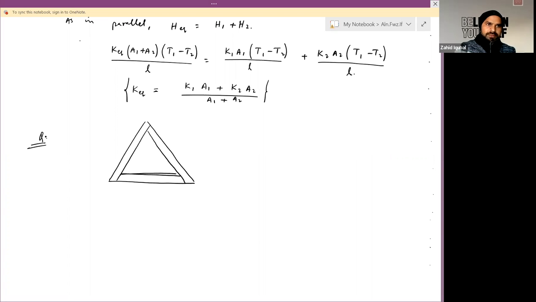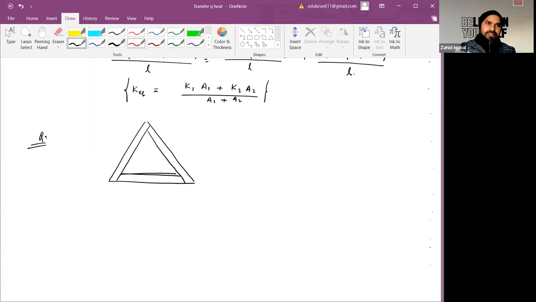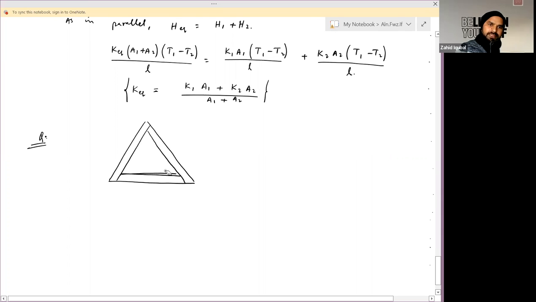For this arrangement, suppose we have three identical rods but different thermal conductivities.